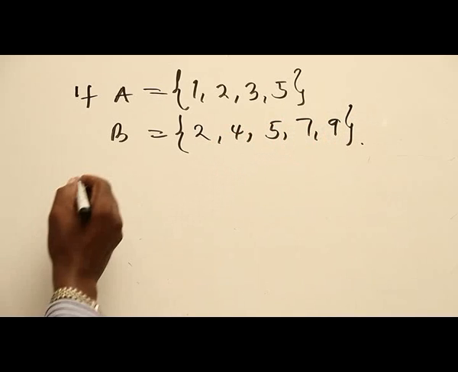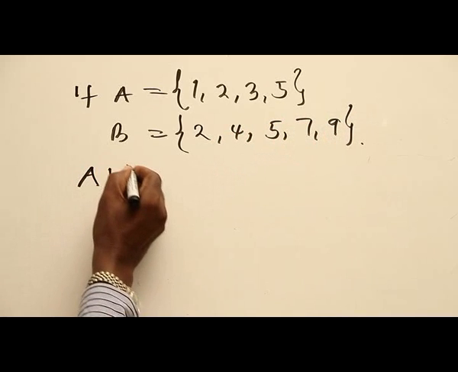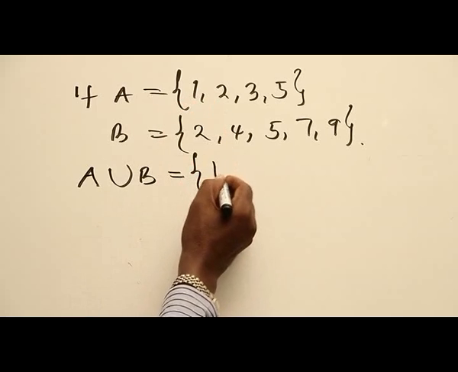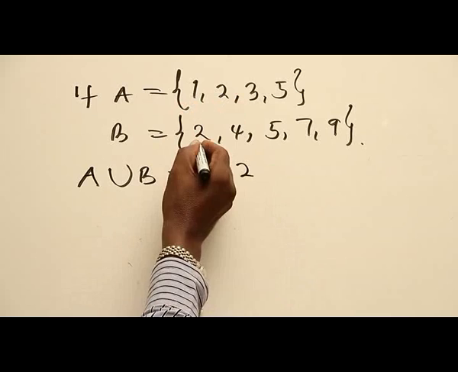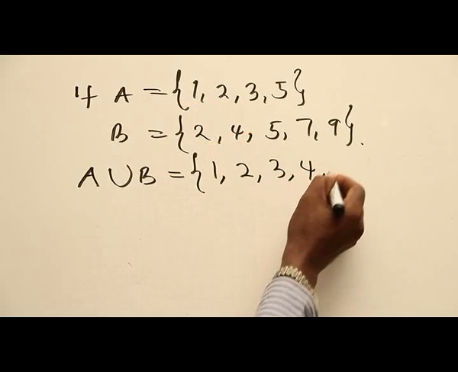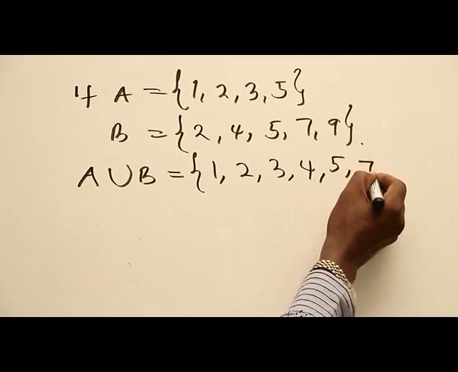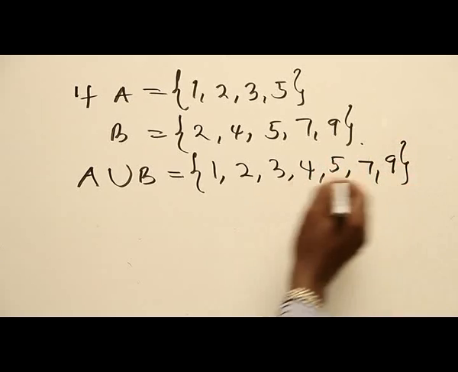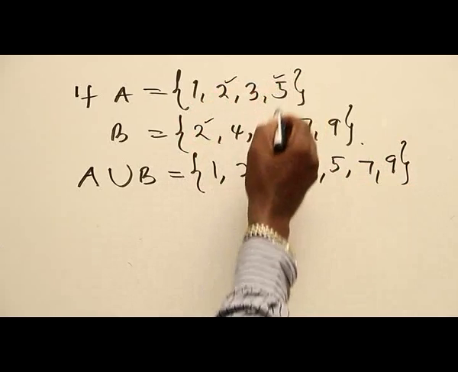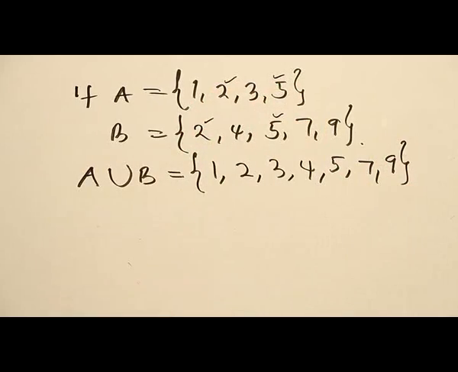Our interest is to find A union B, which will be equal to: 1 is there, 2 is there, 3 is there, 4 is there, we have 5, we have 7, we have 9. We have the 2 here and the 2 here. We also have the 5 here and the 5 here. So we take them only once, without repeating them. So this becomes the union of the sets A and B.